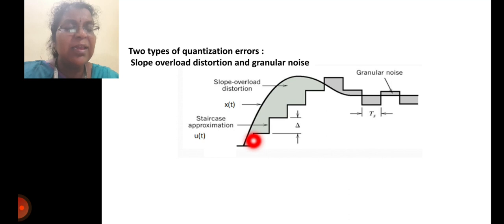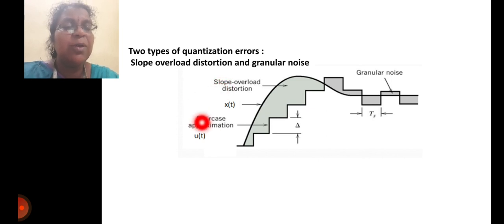The signal is increasing, and the staircase increases by delta because the message is higher than the step signal. But you can see it is not following the input message signal because the step size is not big enough. Because of the small step size, there occurs a distortion in the delta modulation waveform, which is called slope overload distortion.